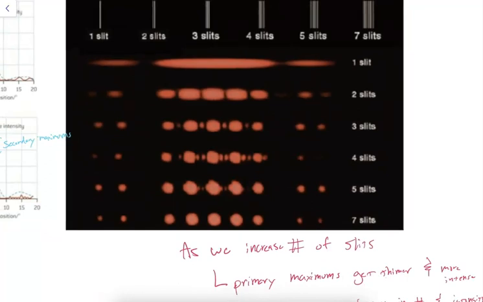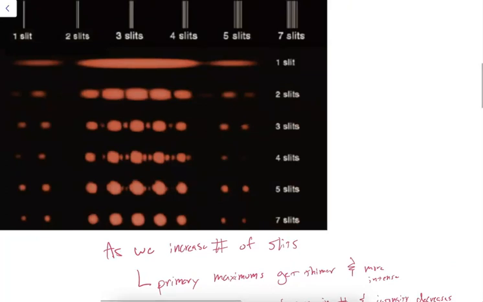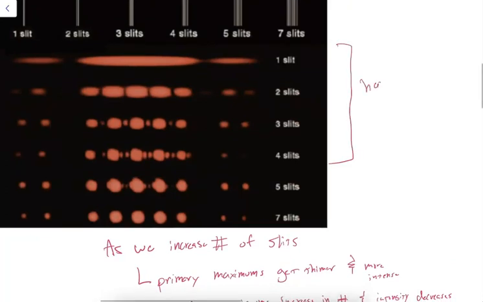And as we thin out our primary maximums, they get easier and easier to see or measure. So you'll notice up here, these are harder to measure precisely, like measuring the distance precisely. As we add more and more slits, this is easier to measure precisely.